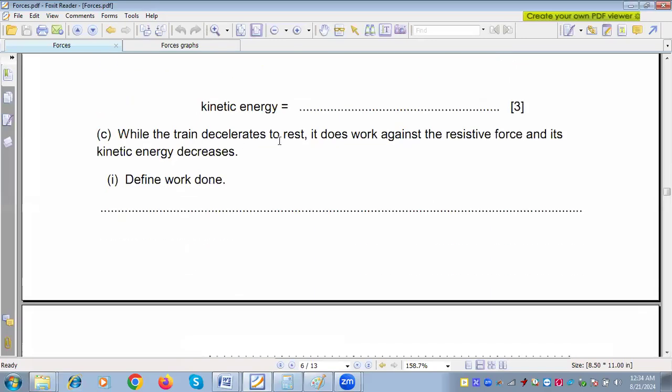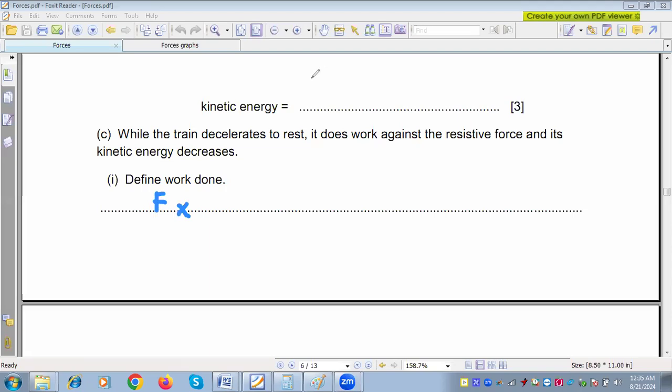While the train decelerates to rest, it does work against the resistive forces and its kinetic energy decreases. Define work done. Work done is force into distance moved in the direction of force.